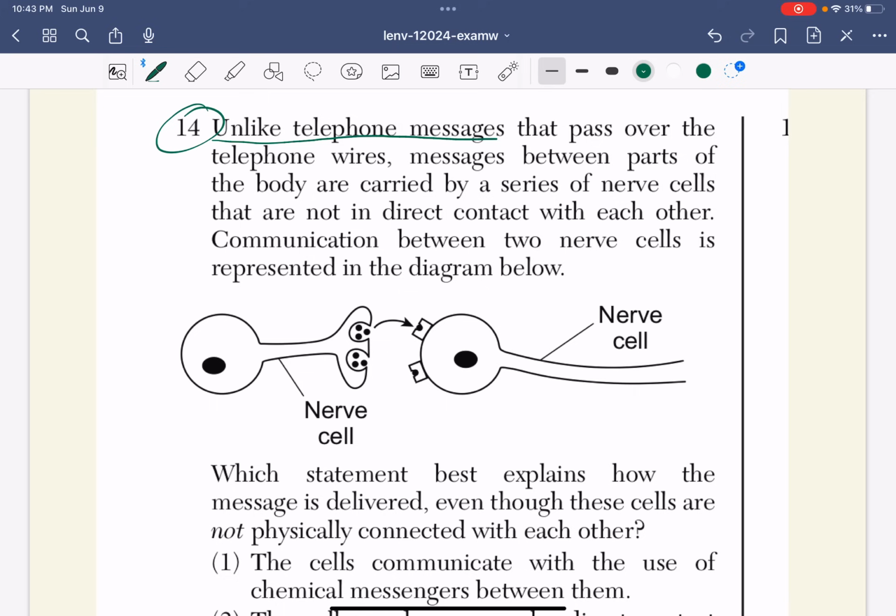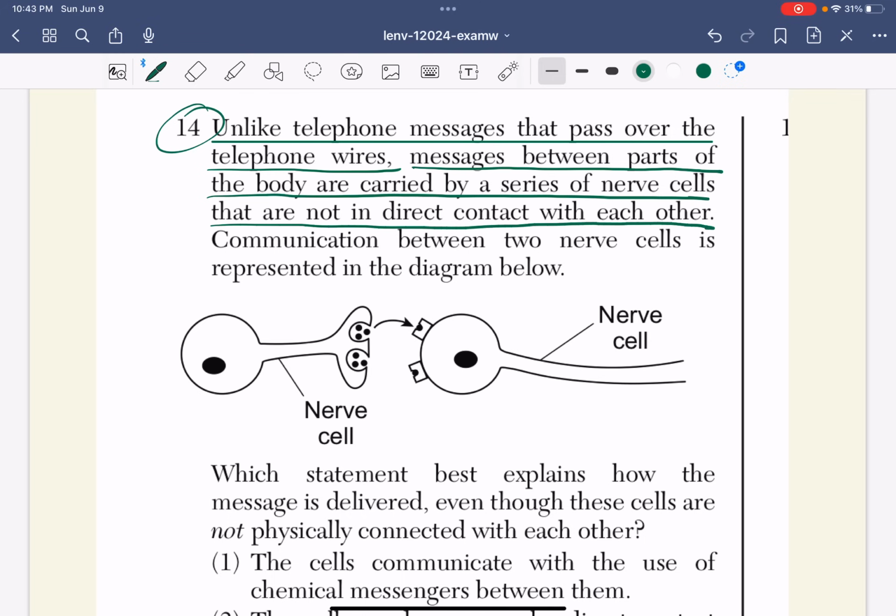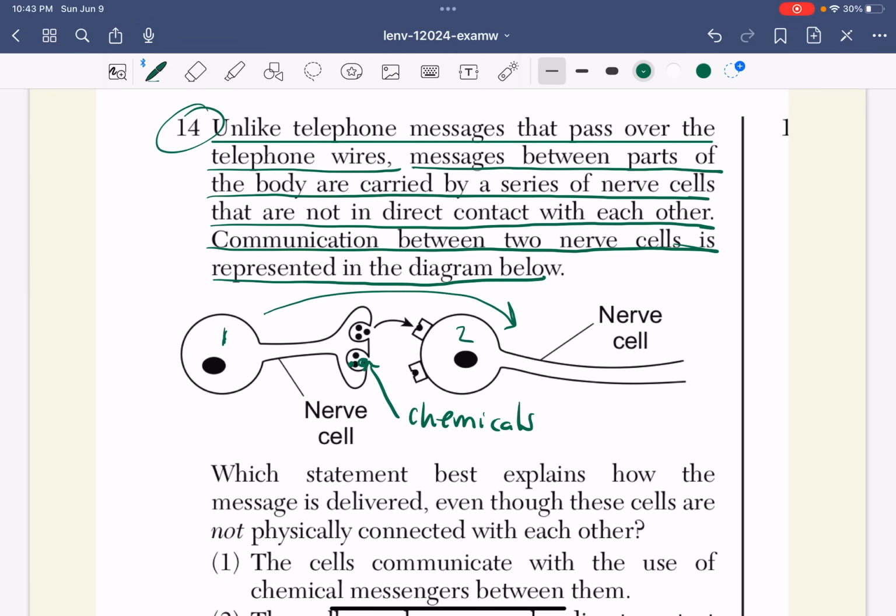Unlike telephone messages that pass over telephone wires, messages between parts of the body are carried by a series of nerve cells that are not in direct contact with each other. Communication between two nerve cells is represented in the diagram below. Okay, so here's nerve cell number 1. Here's nerve cell number 2. Here we have these little dots, right? These little dots are the chemicals that help cell 1 communicate to cell 2.